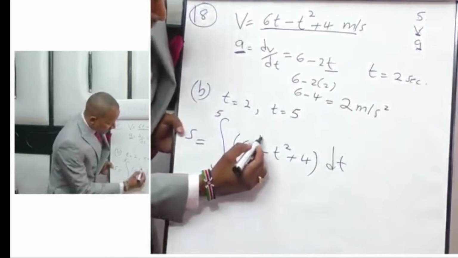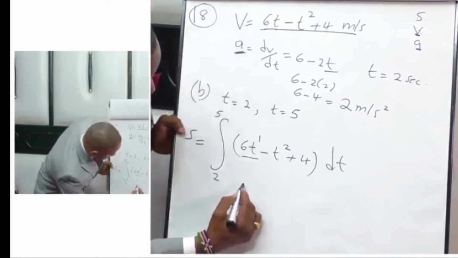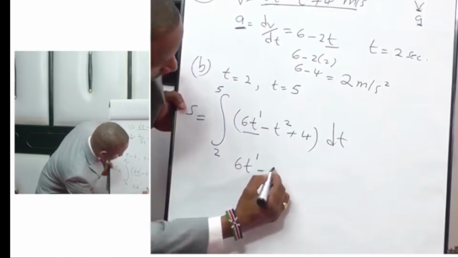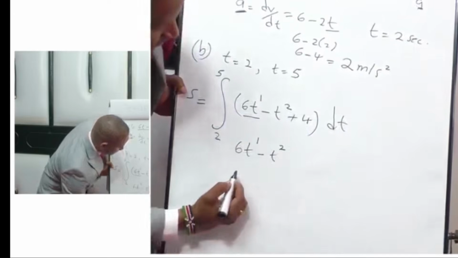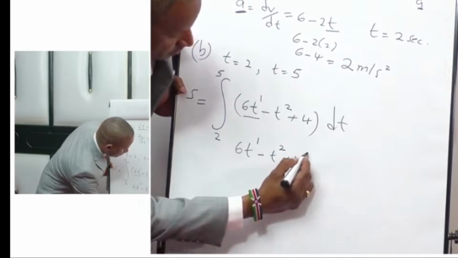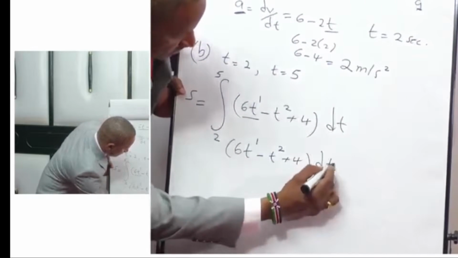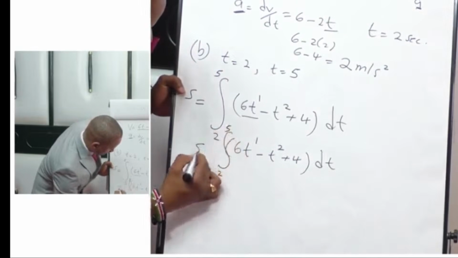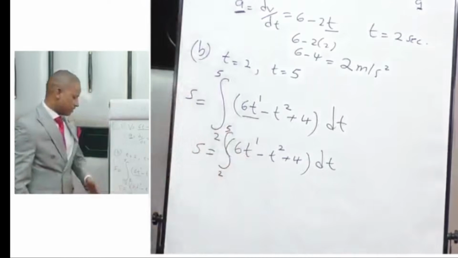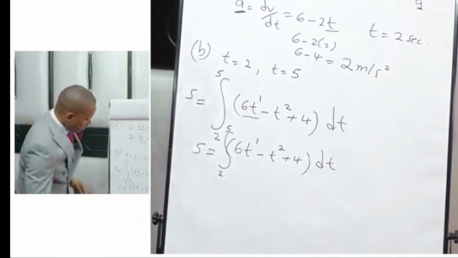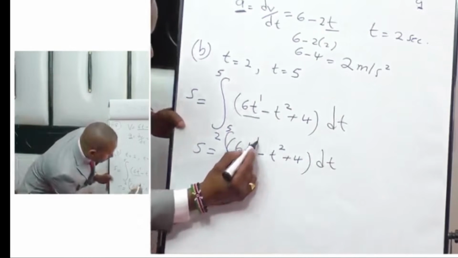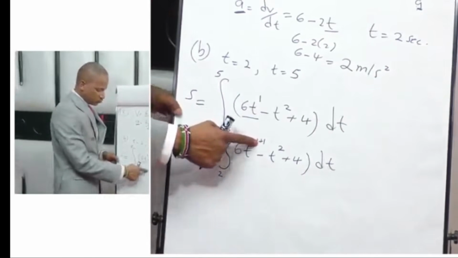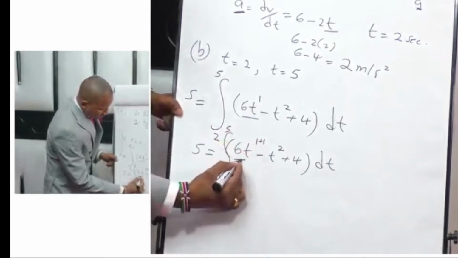Add 1 and you get 2. Divide everything here by 2. Remember, we are getting s. So the integral of 6t power 1 minus t squared plus 4 dt, with limits 2 to 5. Then come here, add 1 to the power.